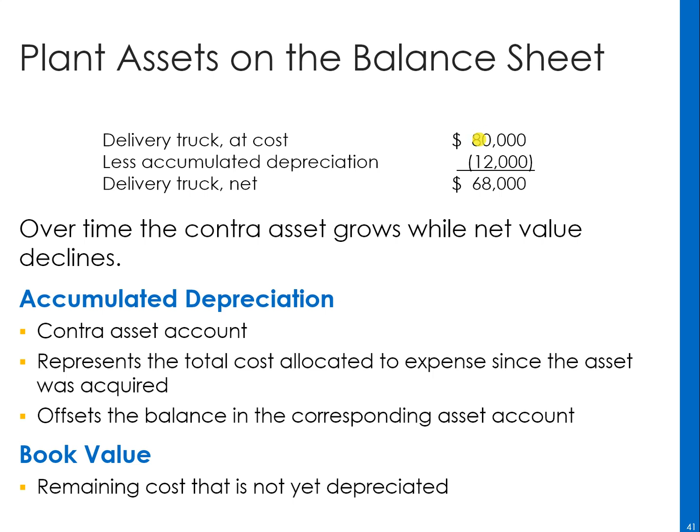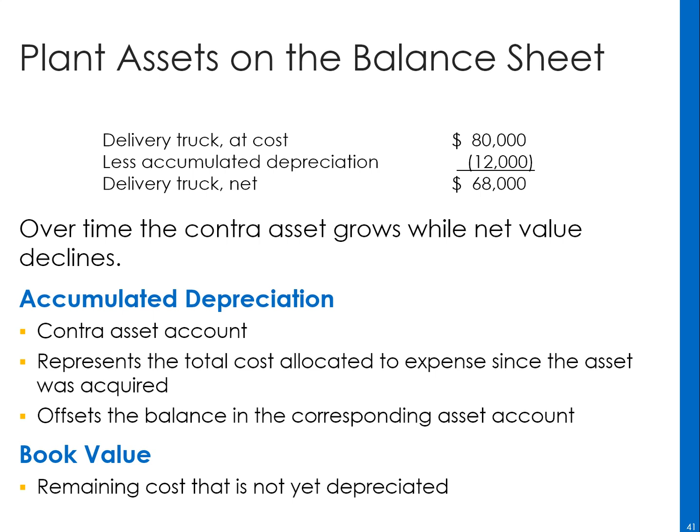The historical cost is still $80,000, but we report a contra asset account, which is a negative number, $12,000. So the truck's book value, which is cost less accumulated depreciation, is $68,000, and this is reported on the balance sheet. The book value will remain to be depreciated in future periods.